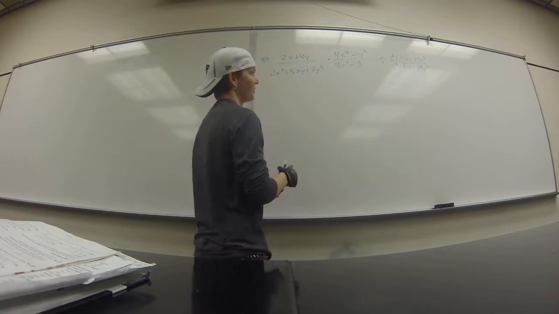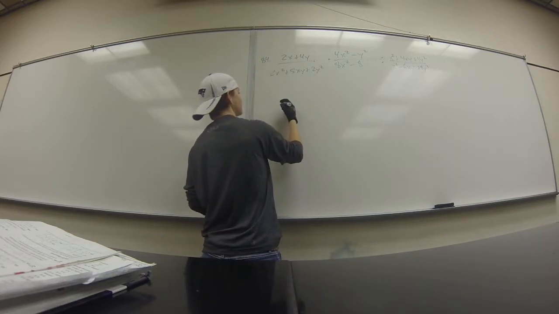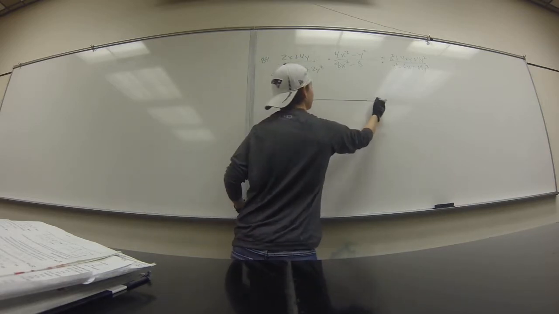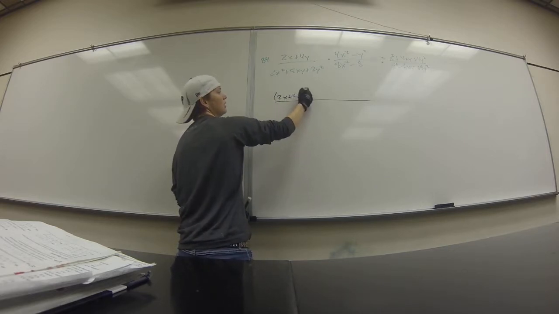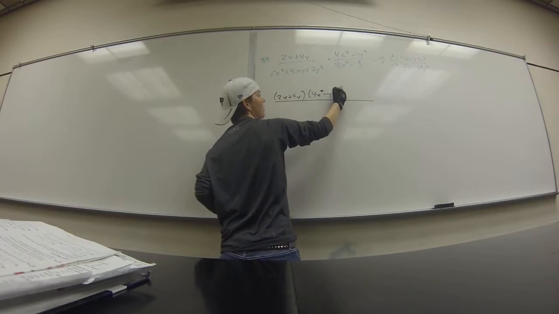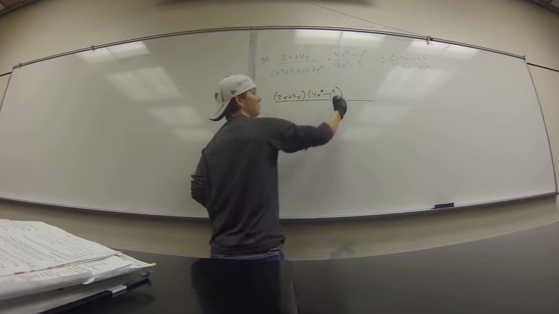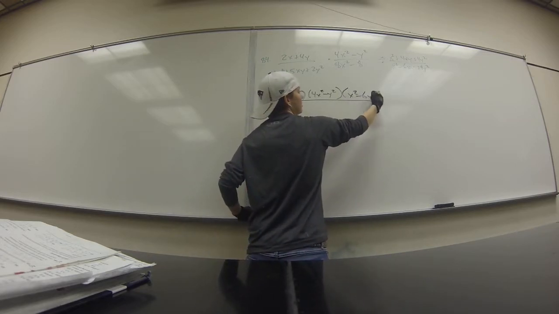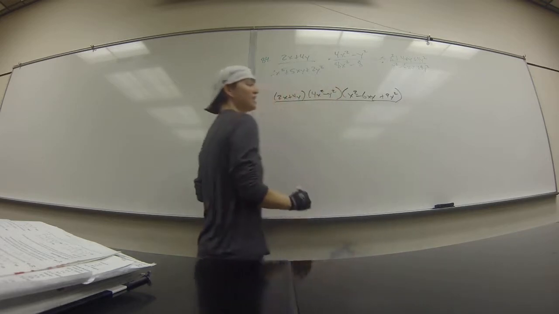So what's going to be on top? We're going to have 2x plus 4y on the top. When we multiply it to this fraction, we have 4x squared minus y squared on top. And when we flip and multiply, what else is on top? X squared minus 6xy plus 9y squared. Alright, that's everything on the top.